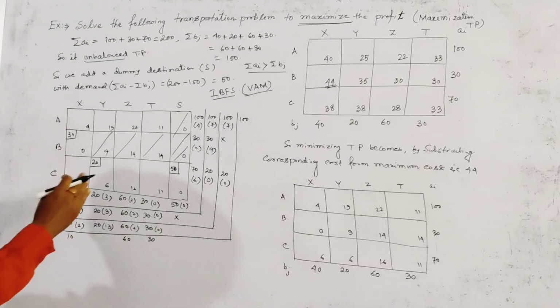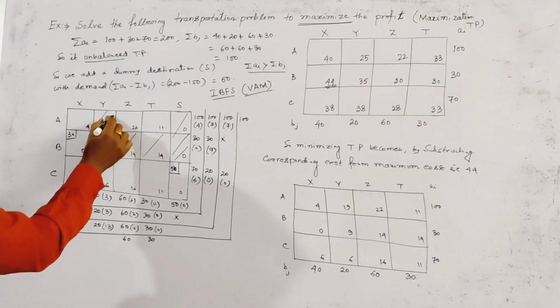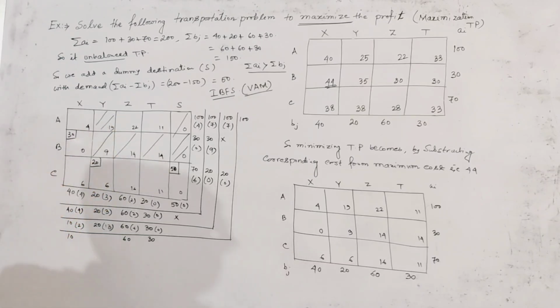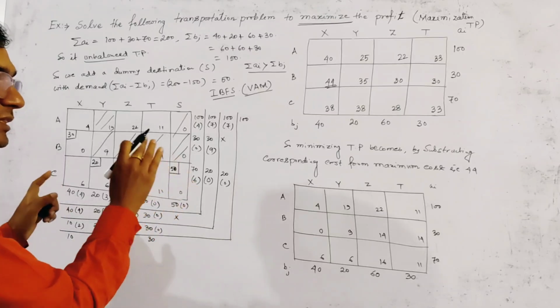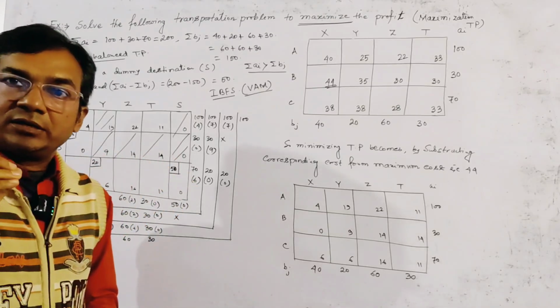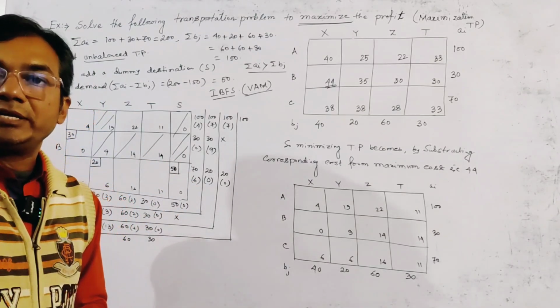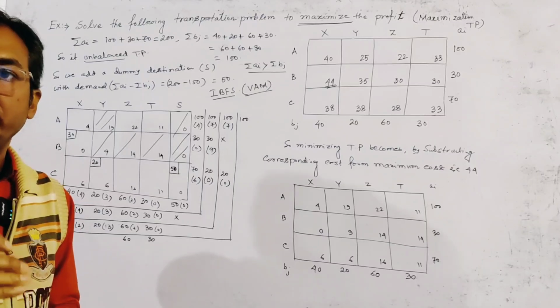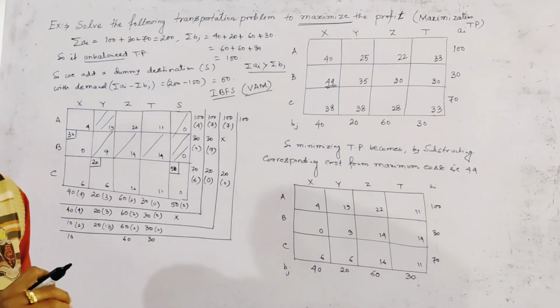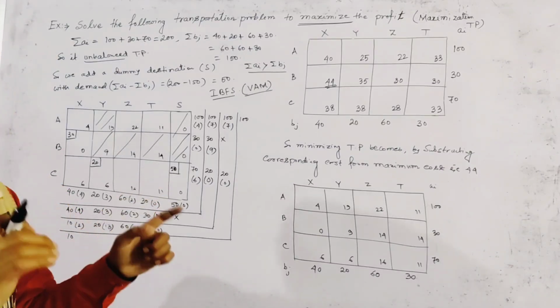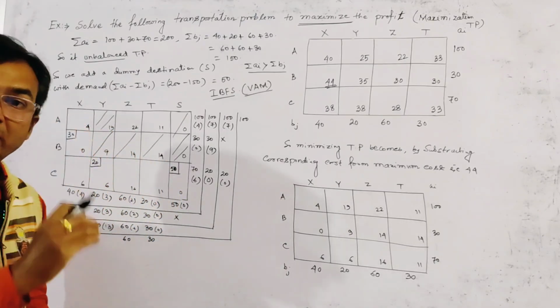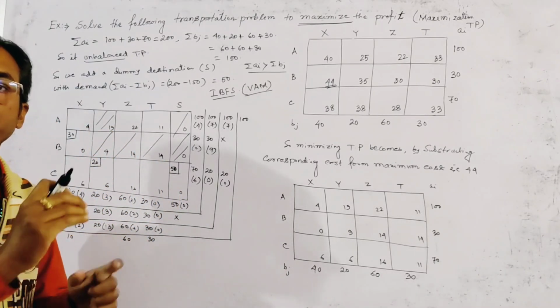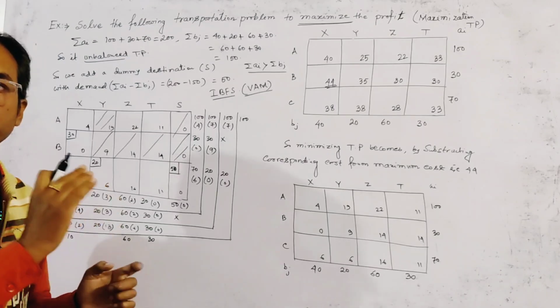Okay, here we let the column be crossed off. Now if we cross off the row again in this iteration, then the number of allocated cells must be less than m plus n minus 1. So this is not basic feasible. Okay, there is a degeneracy in this transportation table.